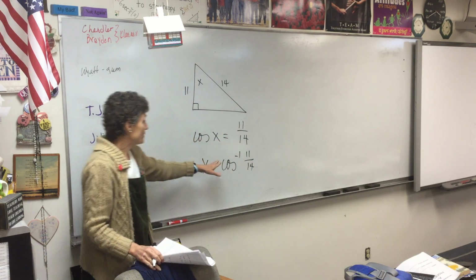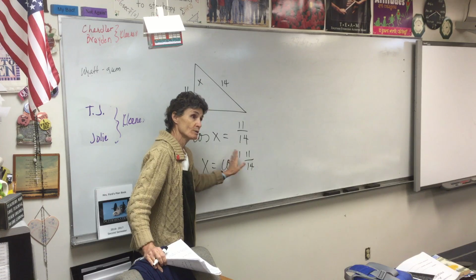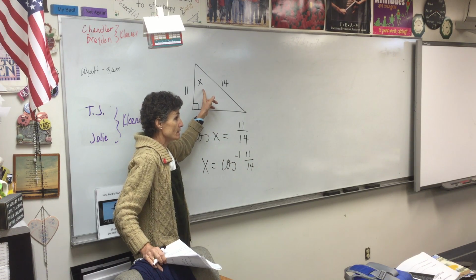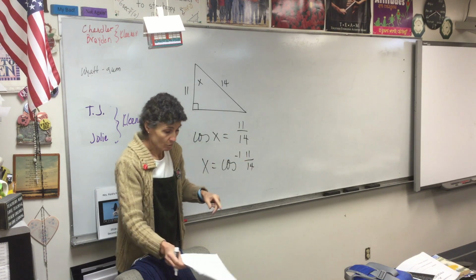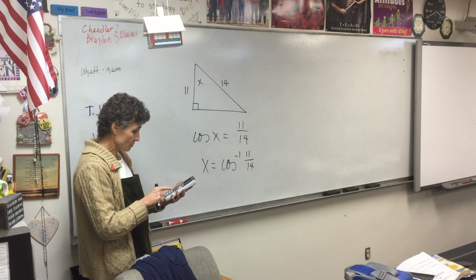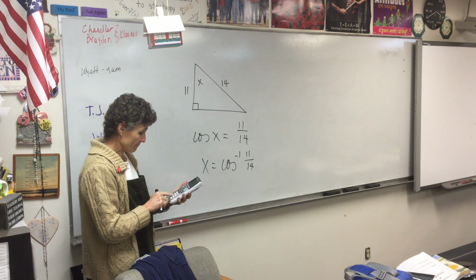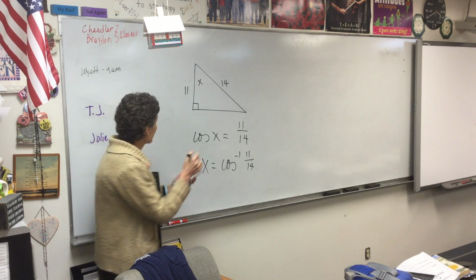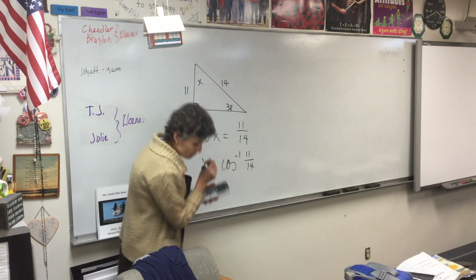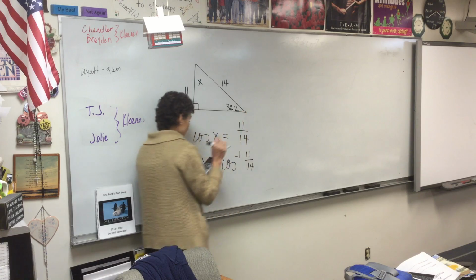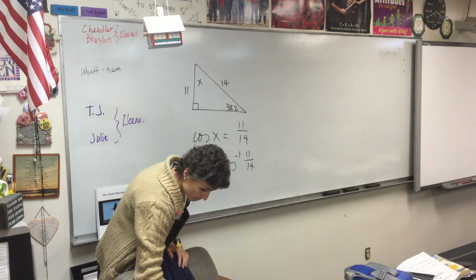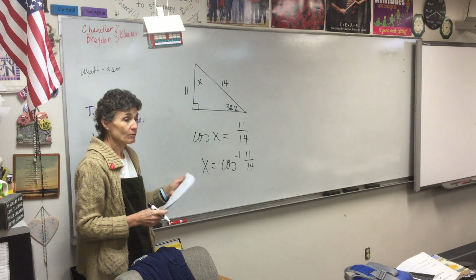We use this button when we are looking for an angle. So we just type in second cosine 11/14, and I got 38. Did it tell me how to round? Nope. So I got 38.2. What about you? Everybody get 38.2?